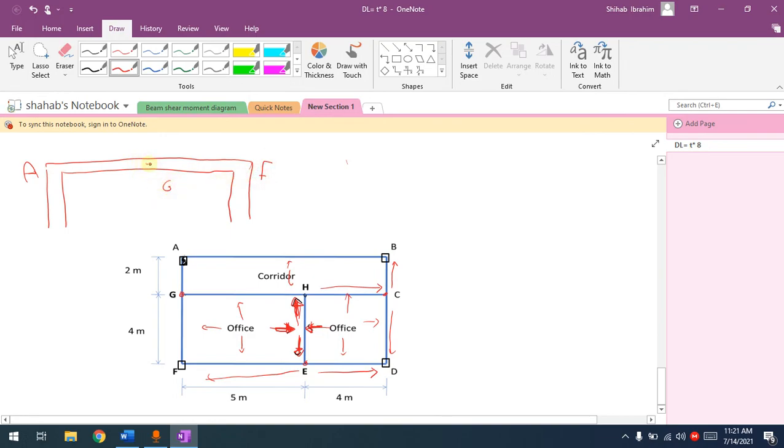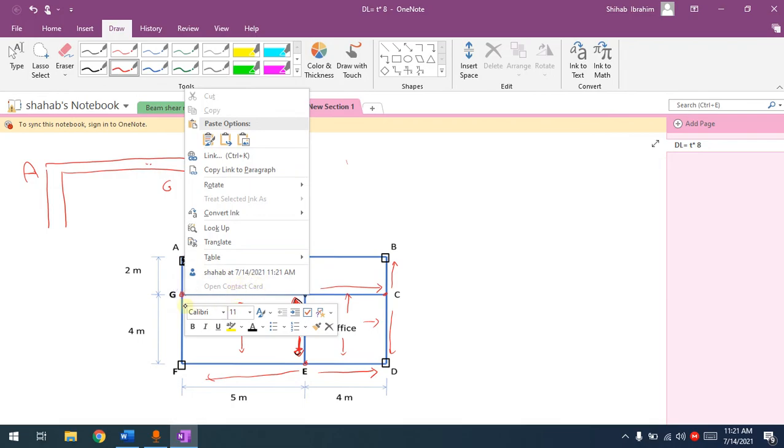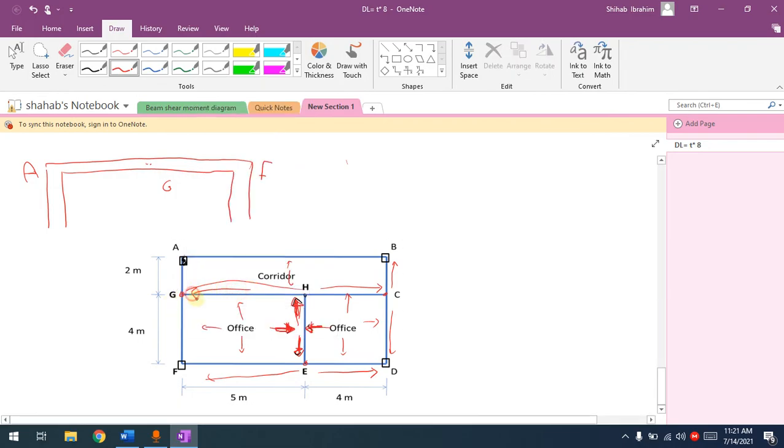So at G there is no column, and there's this beam connected to G, yes? So what will happen? The load from here will come to G, and there will be a point load here. We will have a point load at the connection when the beams are touching each other. Remember, at any intersection of beams, there will be a point load if there is no column.